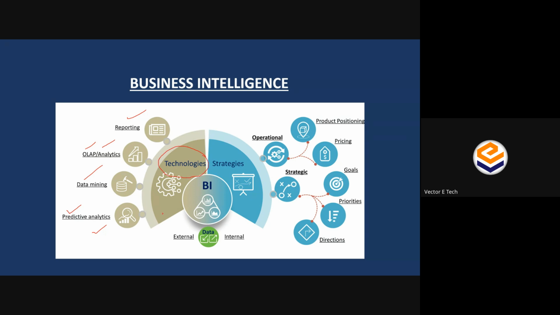For all of them, we use data which can be internal or external. We implement those to make strategies, which may be operational as well as strategic. Operational may include product positioning or pricing, or services. Strategic may relate to the goals of the organization, priorities, and directions.